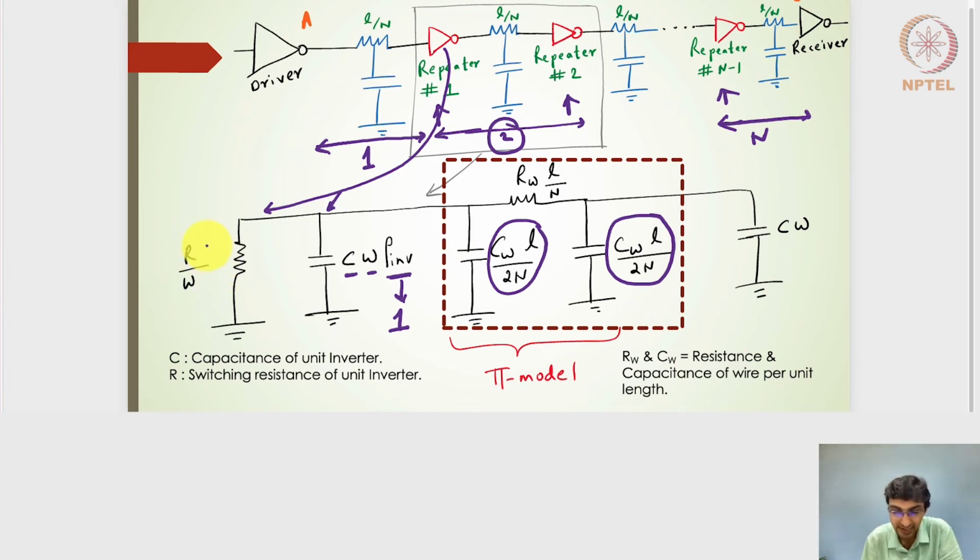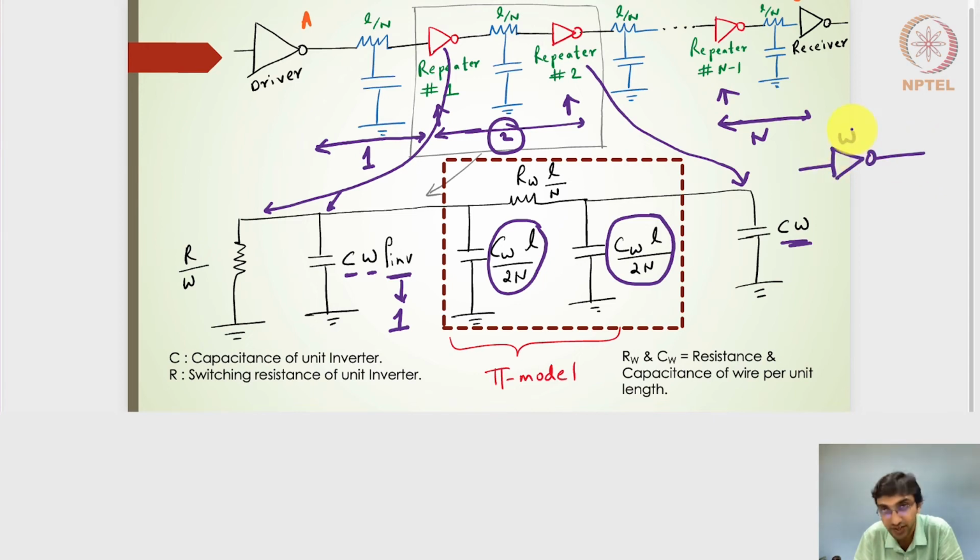This is the switching resistance of repeater number 1, or the inverter in this particular case. CW turns out to be the input capacitance or the gate capacitance for repeater number 2. Right? And let's say this is repeater number 2, what I have drawn here.